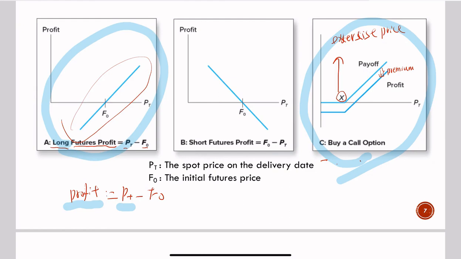Which means in the worst case, your payoff is 0.